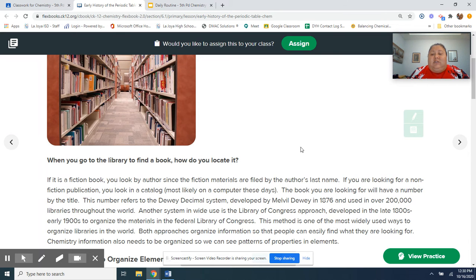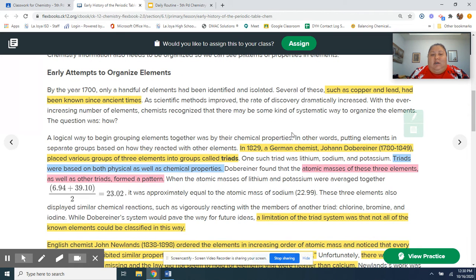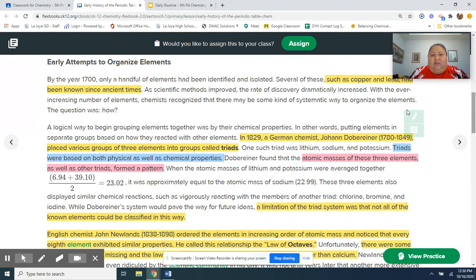So that's the topic for today. How was the periodic table organized in the beginning? Early attempts to organize elements.